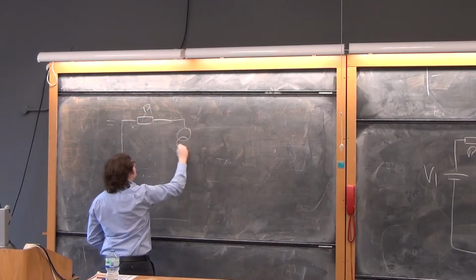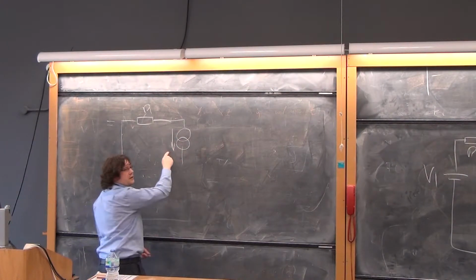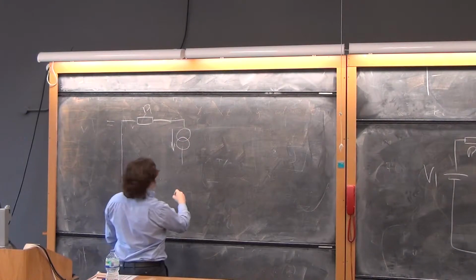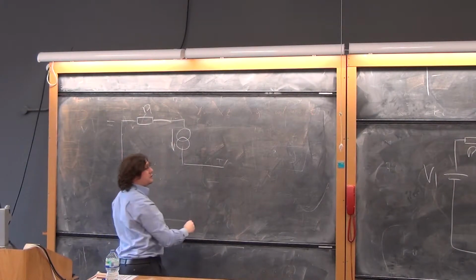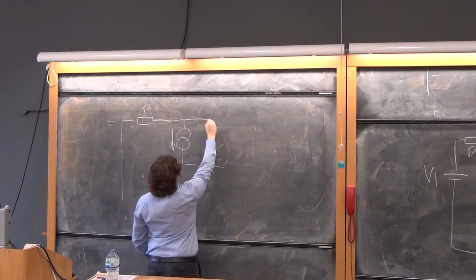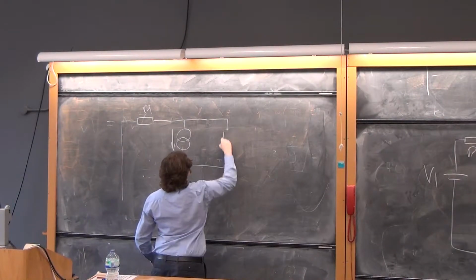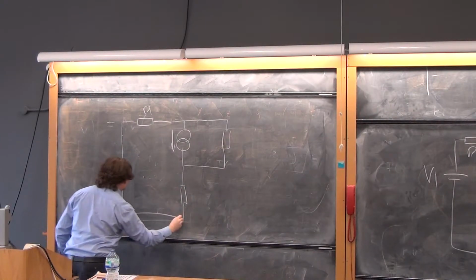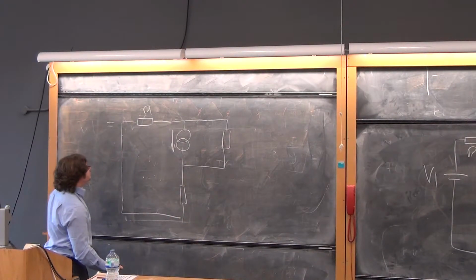Current source. It is that way, isn't it? Yeah. No diode, replaced with internal impedance, which is 0. So we'll end up with this.